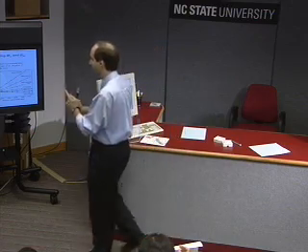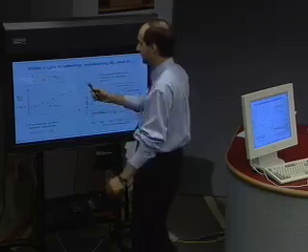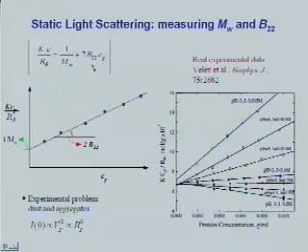So what you do, you take your system, you prepare solutions or suspensions at different concentrations, find out the value of this constant if you're lucky to find it, or measure it if you can measure it precisely. Then start measuring the scattering intensity at different concentrations and plot it in this scale: K times the concentration divided by the intensity as a function of the concentration.